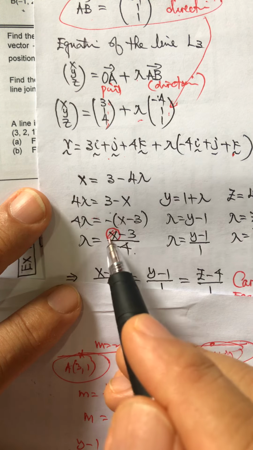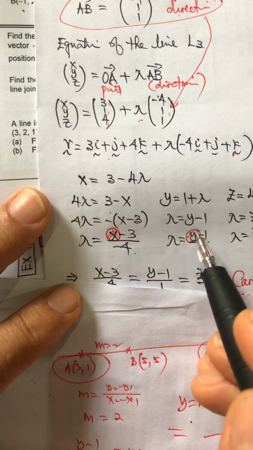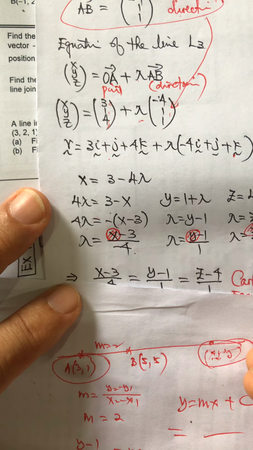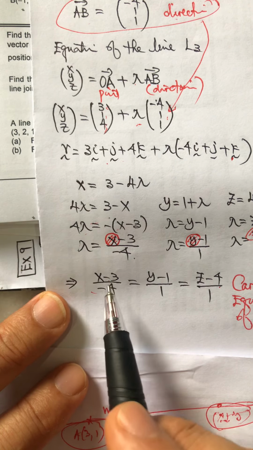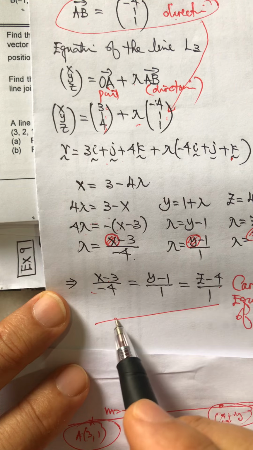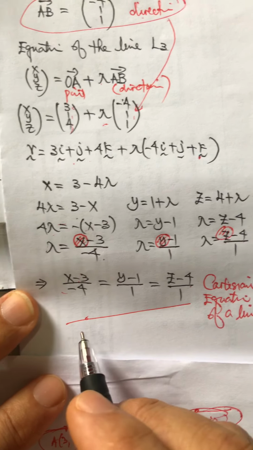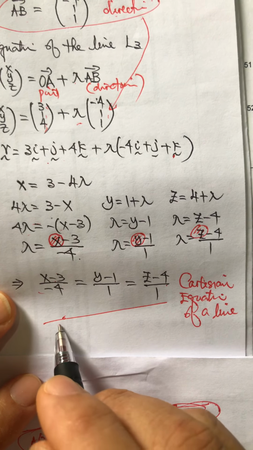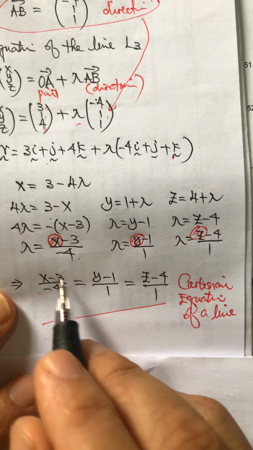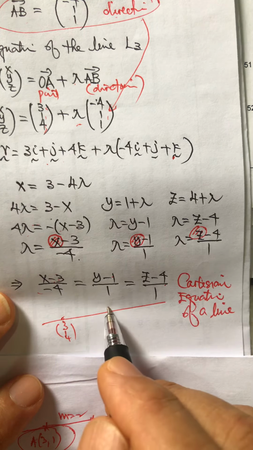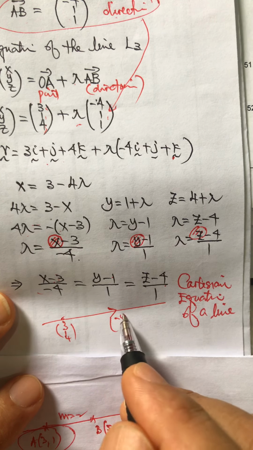Remember, the x always positive, the y always positive, the z always positive. So from here I can see that the line passes through the point 3, 1, 4. And then the direction is negative 4, 1, 1.